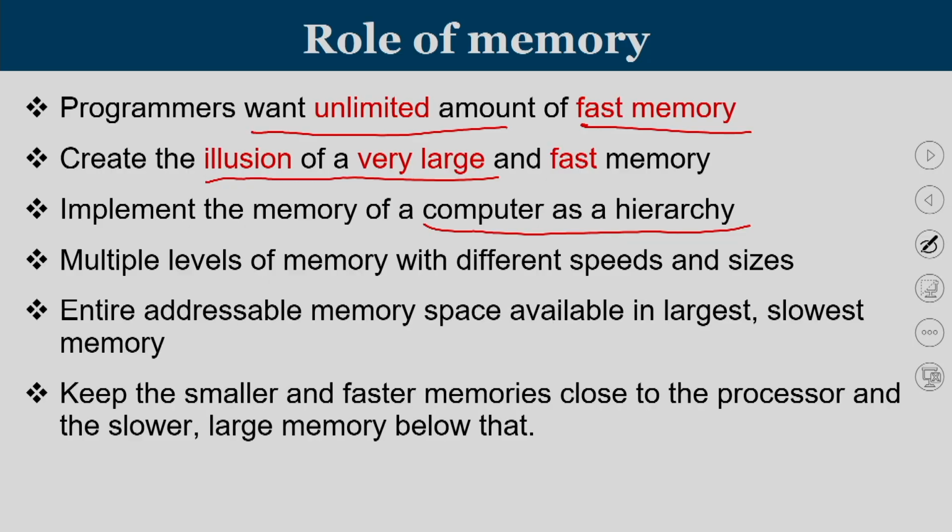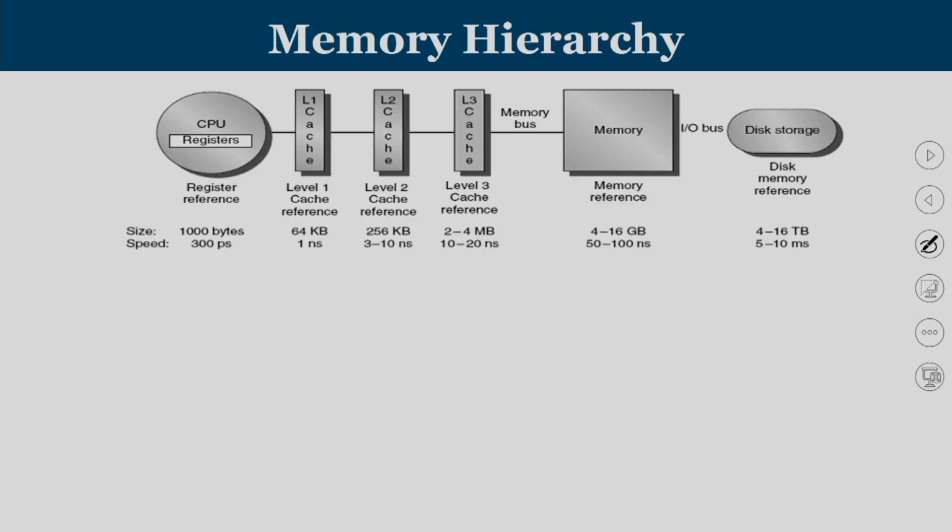What we typically do in a memory hierarchy is keep the smaller and faster memories close to the processor, and the slower and larger memory after that. So, in a memory hierarchy we can see that the fastest memory is available inside the CPU as the registers, then we have multiple levels of cache memories with varying size and varying access speeds.